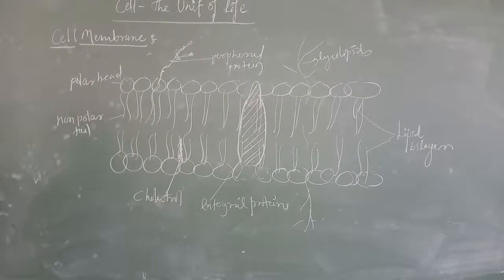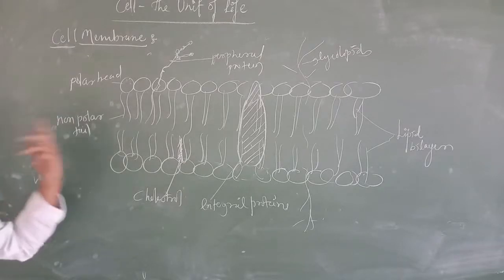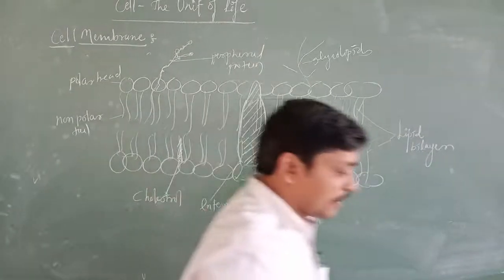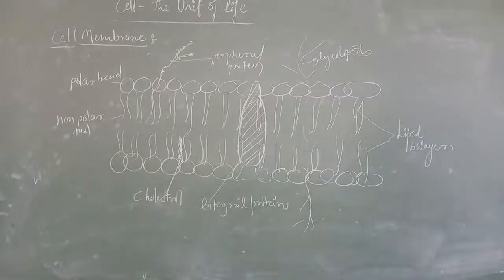The question is going to be asked based upon this: with a neat labeled diagram, explain the fluid mosaic model of plasma membrane, or write a note on plasma membrane. Then you are going to write whatever points I have explained so far.